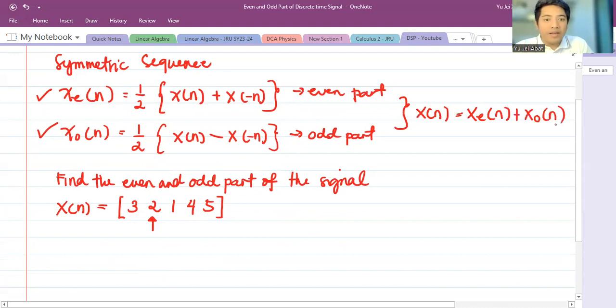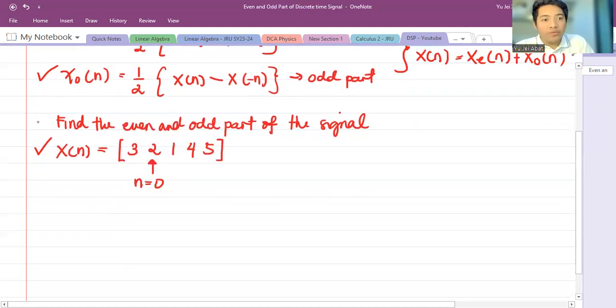So let's try. For example, we have a signal here that is 3, 2, 1, 4, 5 with n equals 0 at 2. The very first thing we do if we are going to find the even and the odd part of that signal is that we must get x of negative n.